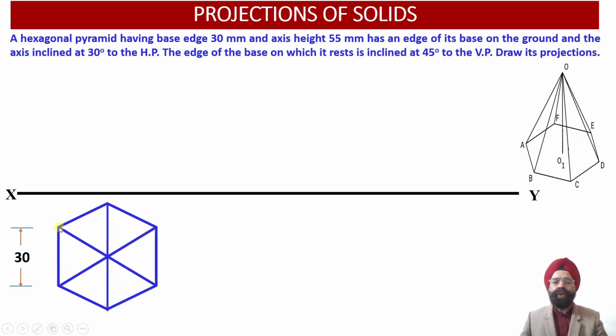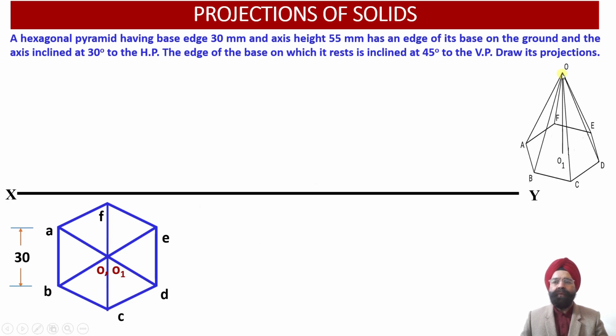Now we have to locate the apex point. So we need to join the diagonals AD, BE and CF. Wherever these three diagonals intersect with each other, we obtain the axis points O and O1 corresponding to this hexagonal pyramid.